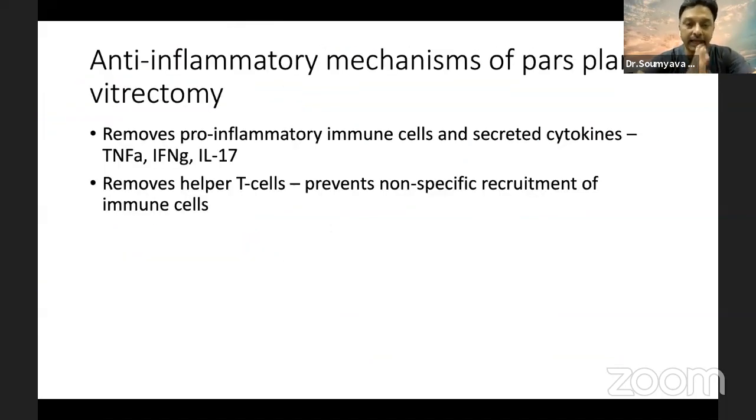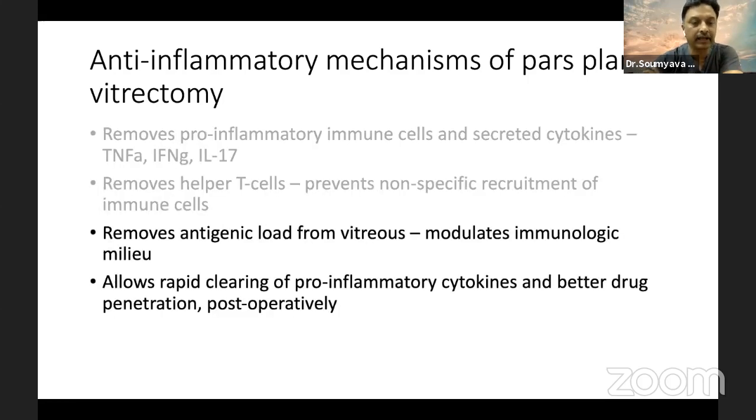Now, there are several mechanisms that have been proposed for the anti-inflammatory mechanism of pars plana vitrectomy. These include removal of the inflammatory cells and their secreted cytokines, removal of the helper T cells, which prevents the non-specific activation of other immune cells, and removal of antigenic load from the vitreous, which further modulates the immunological milieu.